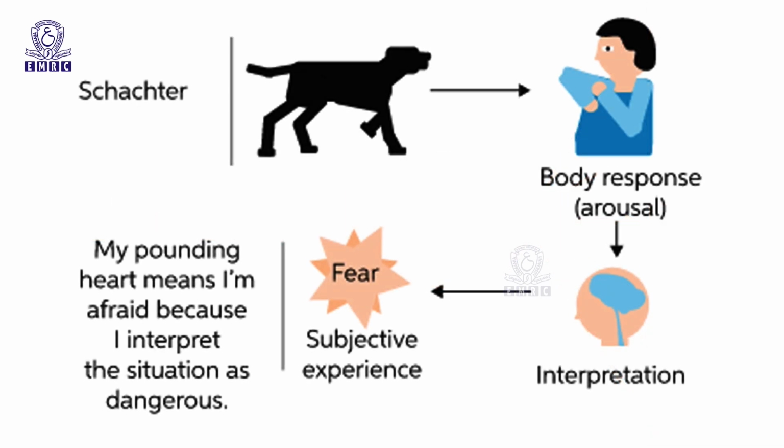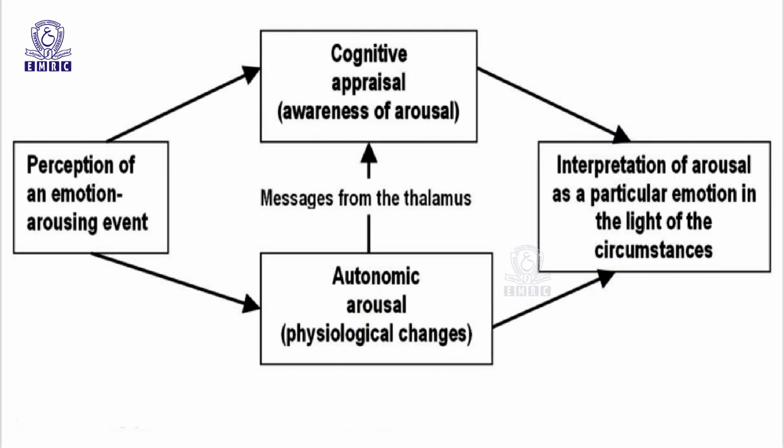In contrast to the Schachter-Singer theory of emotion, which views emotion as an outcome of the interaction between physiological arousal and cognition, Lazarus argued that appraisal precedes, simultaneously, both the physiological arousal and the emotional experience itself.